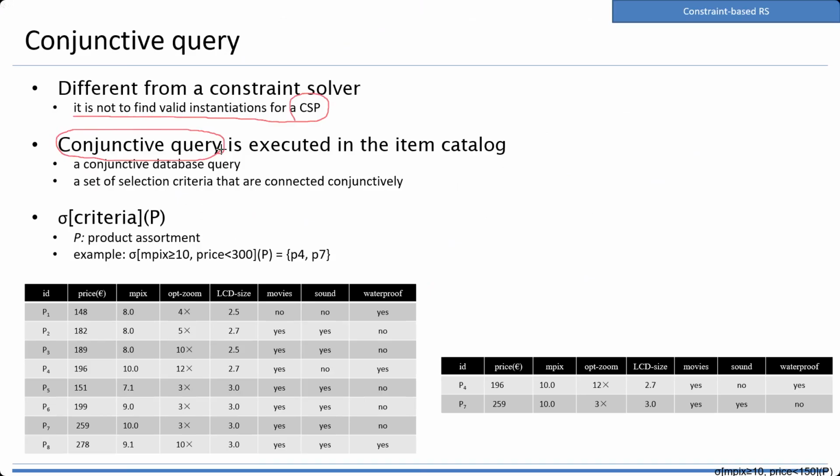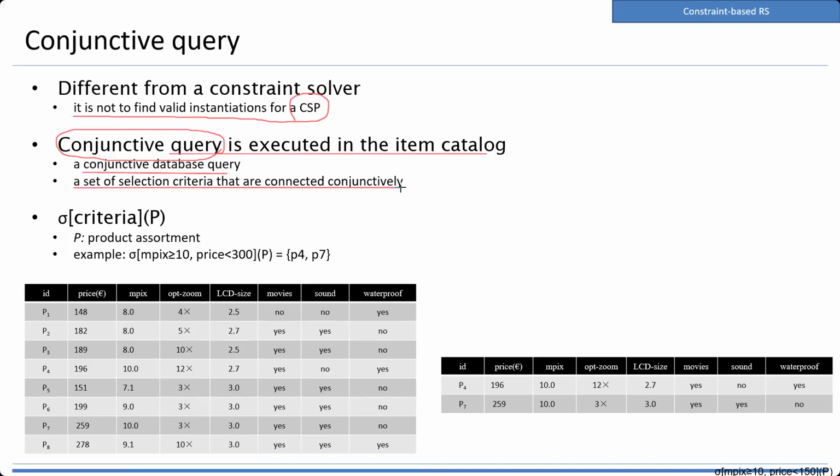So it means we just look at the condition and then we extract from the catalog, or we extract from the database. The database means something that you already have in maybe MySQL or SQL Server. And then the conjunctive query is executed on the item catalog. We have a set of selection criteria that are connected conjunctively.